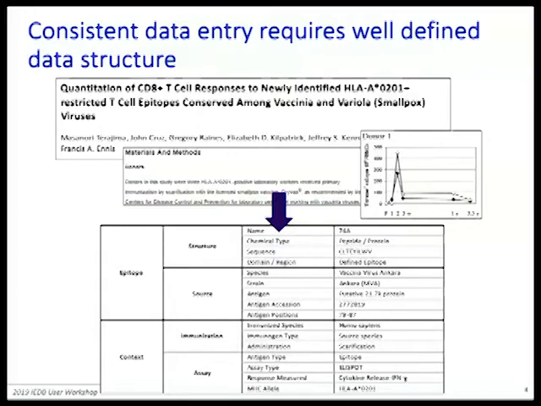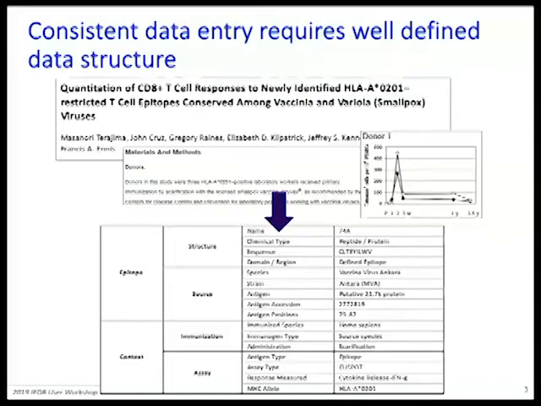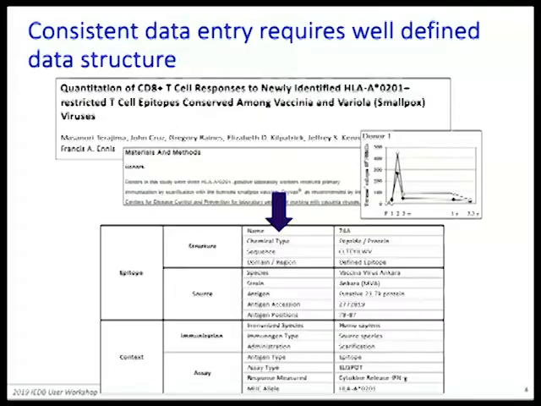Those contextual details would include, for example, how the host was immunized, what was the actual readout in terms of the assay. And this really empowers you as the user to define what you would like to tease out of the database with your query. Literally, you could define on the field level the database fields that you're interested in seeing, and therefore you're making the definition of what is returned.